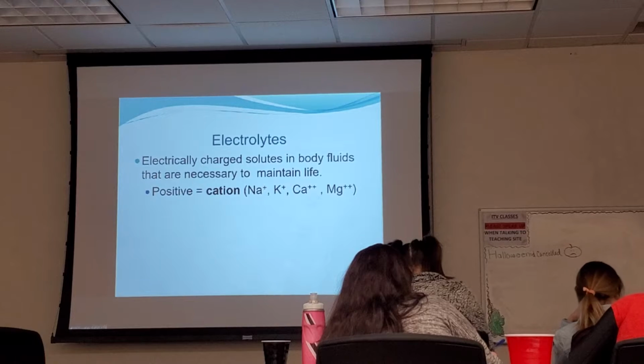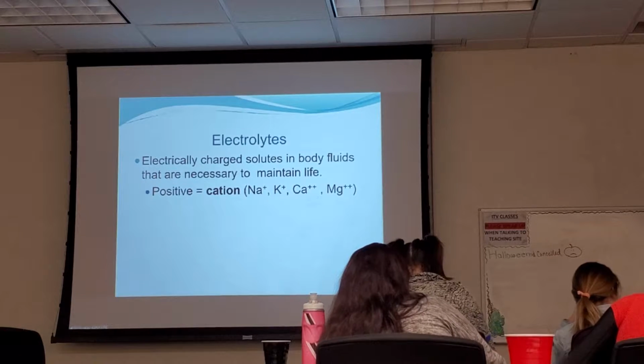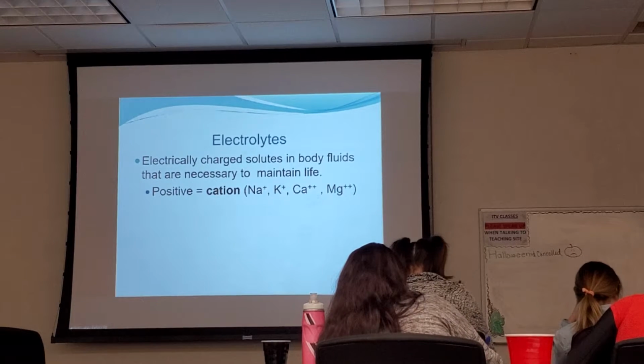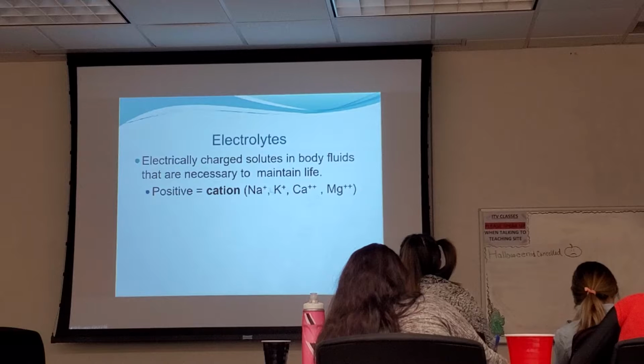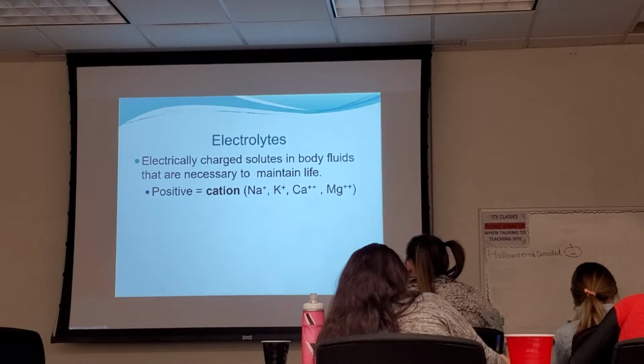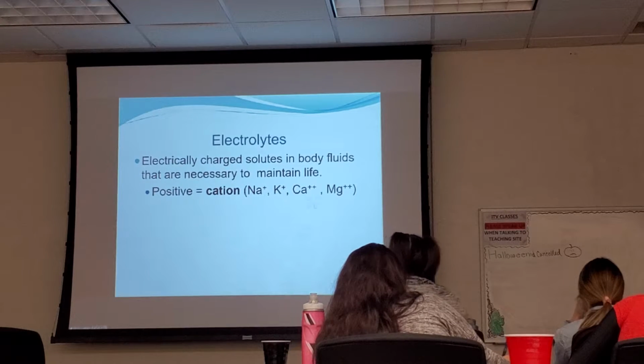We have positive electrolytes that we refer to as cations, and the four major ones I've listed there for you. So that is sodium, potassium, calcium, and magnesium. And for those of you who've had chemistry class, either in high school or college, the electrolyte charge, or the electrolyte equivalent up there, is indicated by the number of plus signs.